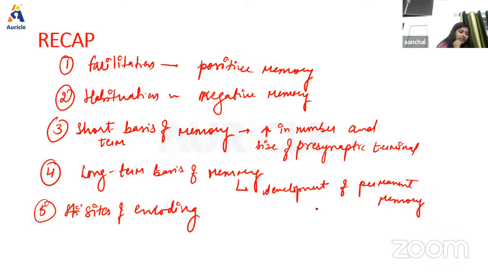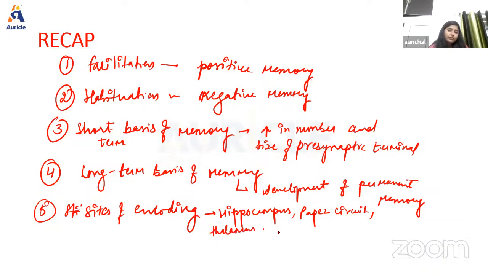Then last we have the sites of encoding. Various sites are there, like the hippocampus, Papez circuit, then thalamus, hypothalamus. So these are the main sites of memory coding. Okay, so I'm going to write the various sites: hippocampus, Papez circuit, then thalamus, hypothalamus are the sites of memory encoding.